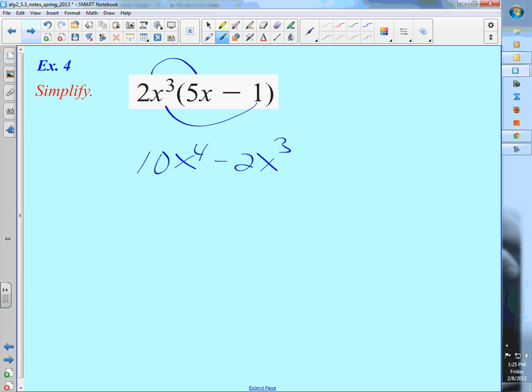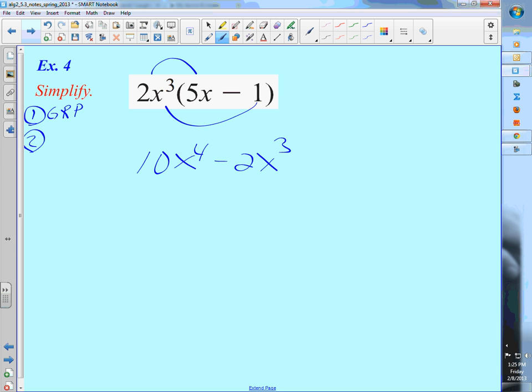Step number one to simplify, when you see these directions, the first thing you do is get rid of parentheses. After you get rid of parentheses, simplify 1, get rid of parentheses 2.